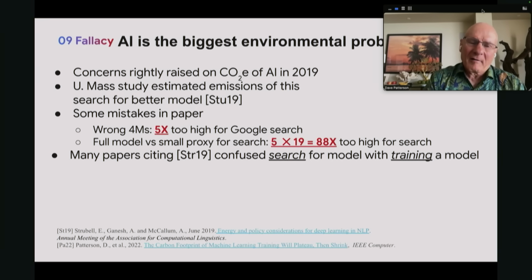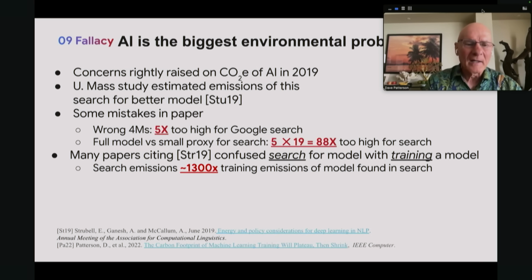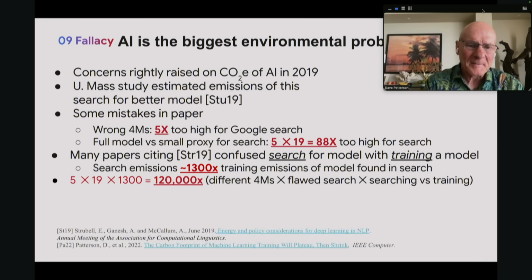Unfortunately, many reporters, including Karen Ho, got confused about what this paper was about. Was it about training a model or searching for a model? They thought it was training the model instead of searching, and searching is 1,300 times higher than training the model found in the search, probably not surprisingly.